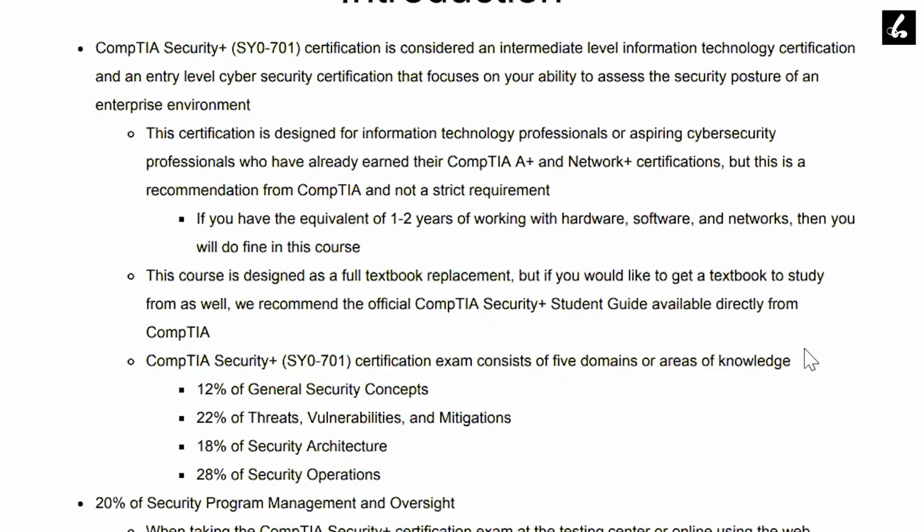If I'm asking you, you are from the network side. Can you give me one example of a firewall vulnerability? Firewall vulnerability would be weak configuration, like if the firewall has a weak password.